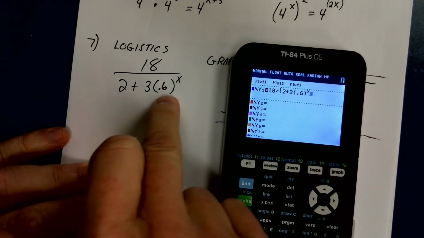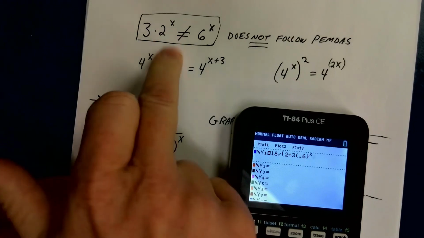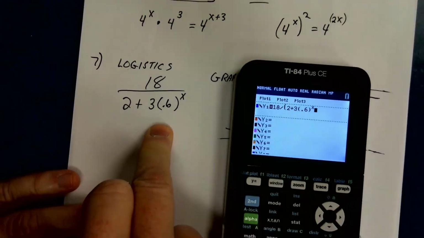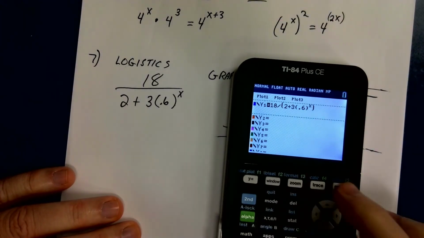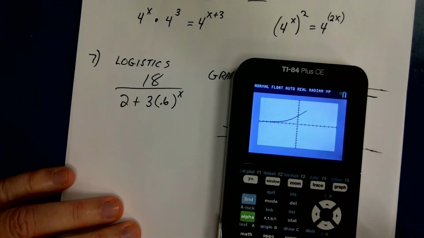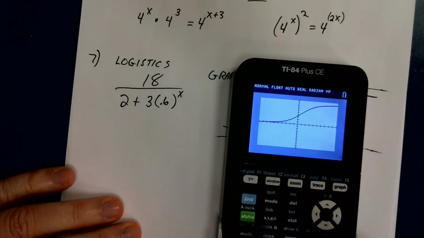I cannot make this 1.8, right? That was kind of my rule just a few minutes ago. Don't do that. And then close parentheses and graph. Look at that. It looks just like what we said it would.